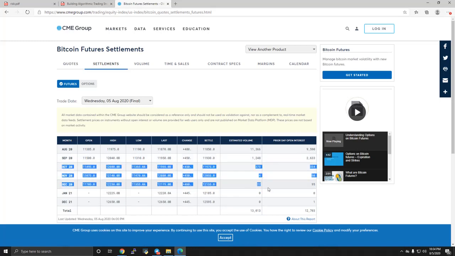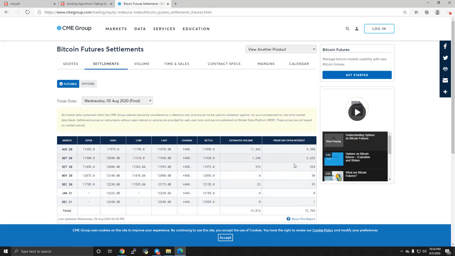These additional contracts didn't come into play until the beginning of 2020. And that's why you're still seeing a very lightly traded back end of the curve on the open interest and on the estimated daily volume.